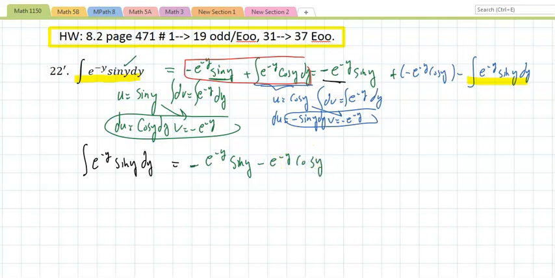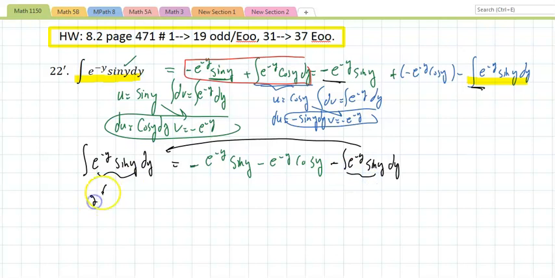But now, I notice that this last piece is identical. And now if I use algebra, not calculus, if I move this to the right, wouldn't that be one of those plus one of those? That's two of those. And of course there's a plus c.